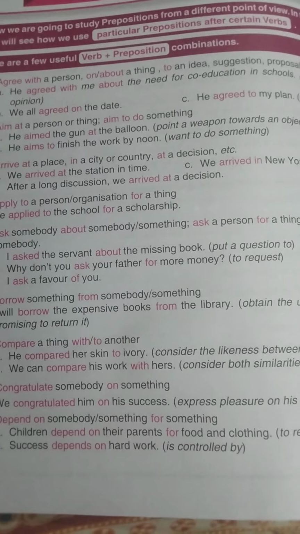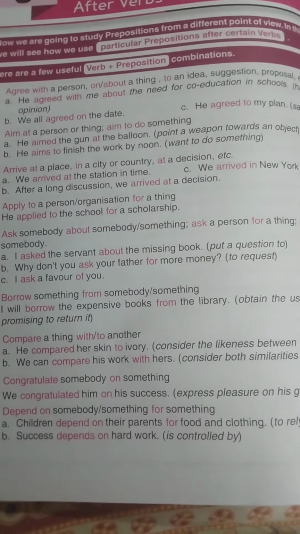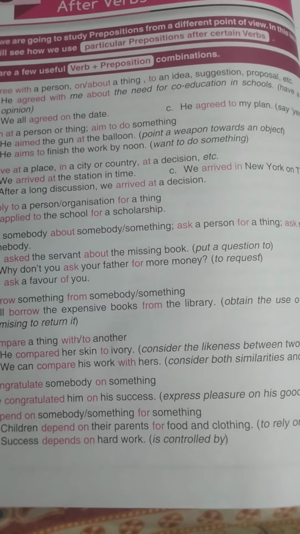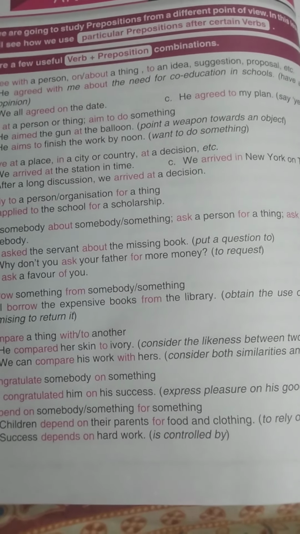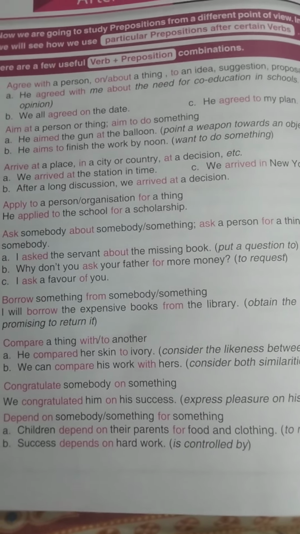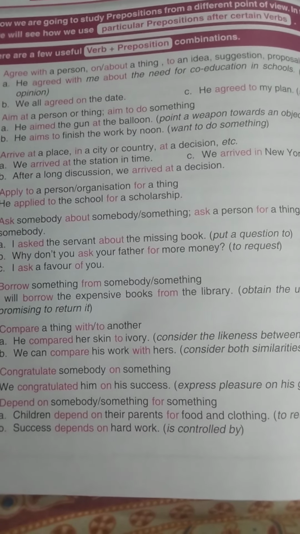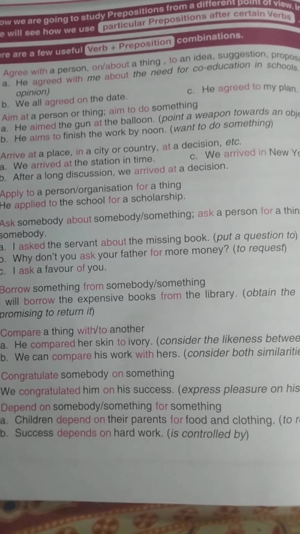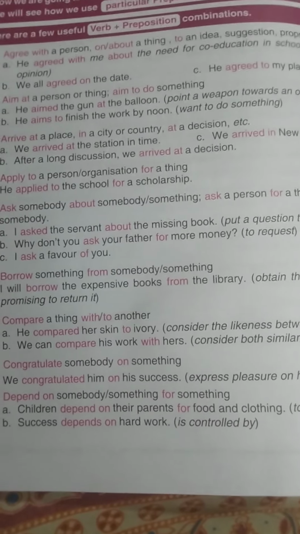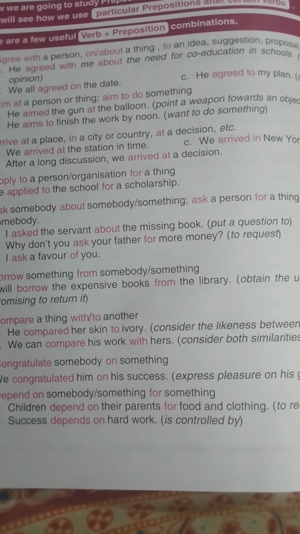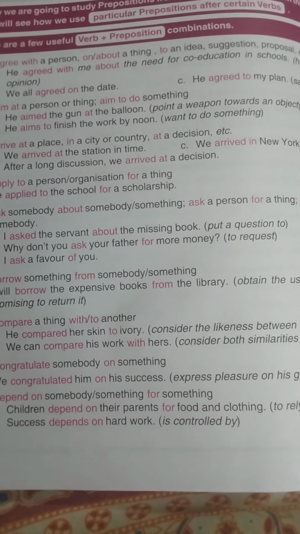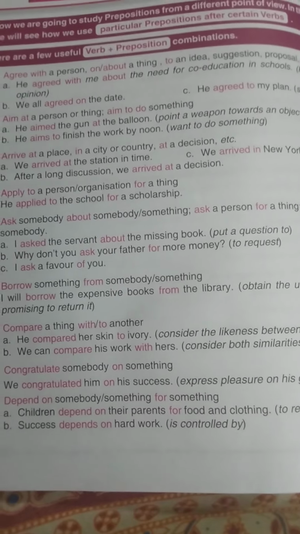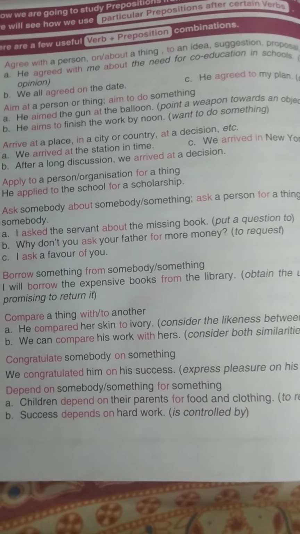The preposition with goes with agree when it is about a person, and on or about with a thing, and agree to will be used when an idea, suggestion or proposal is made. As per the sentences: he agreed with me about the need for co-education in school. With is used because me is a person. We all agreed on the date. We are talking about the date, so it's a thing, so we have used on. He agreed to my plan. This is a suggestion or idea, so to is used.